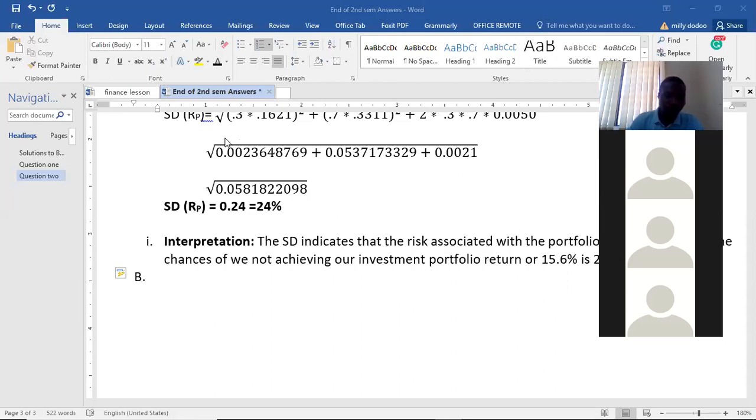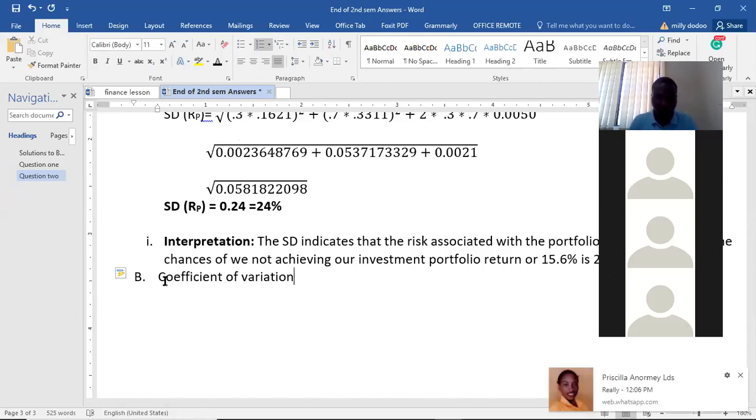Now, whenever you see a question like this, what they want you to find is the coefficient of variation. To find your coefficient of variation here, you are given the expected return.